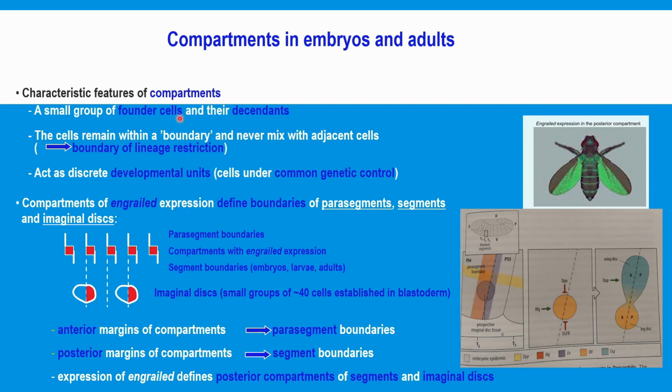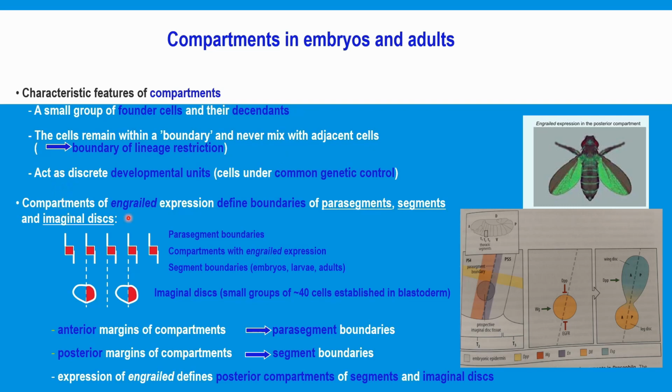And then we mentioned before what a compartment was. It was a small group of founder cells and their descendants that remain within a boundary and never mix with the adjacent cells. And they act together. They usually differentiate in the same way, so they're under common genetic control.